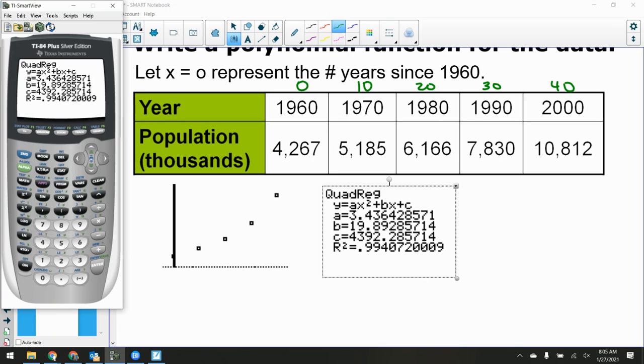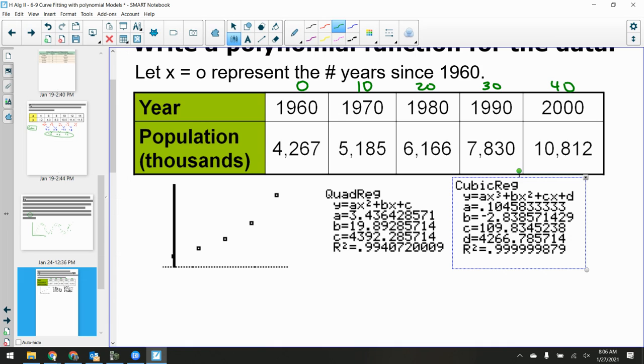I'm going to stat calc. I'm going to choose choice 6 now for a cubic regression and see what happens. Ooh, look at that R squared value. Ooh, even better. I wonder if it gets even better with quartic.